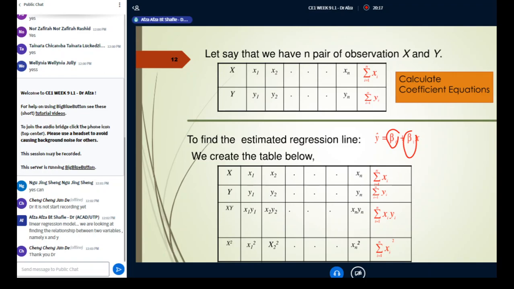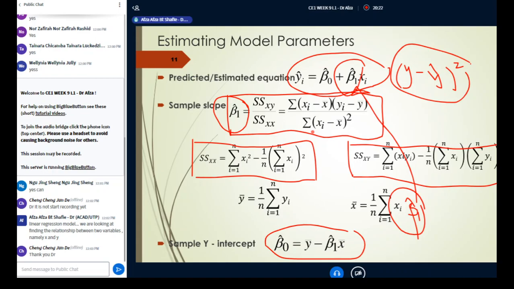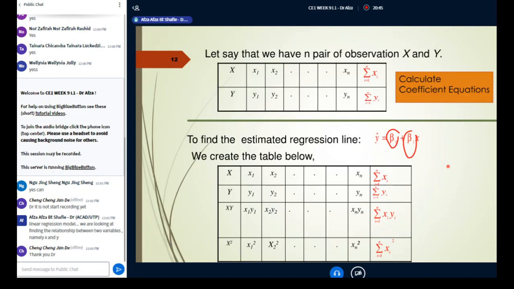Because we need to fit in this formula. For beta 1 hat, you need the sum of squares of xy, and for the denominator, you need the sum of squares of x, which gives you this: summation of x the whole thing squared over n. Normally we do this in the form of a table, then we calculate the values and put them in the equation.